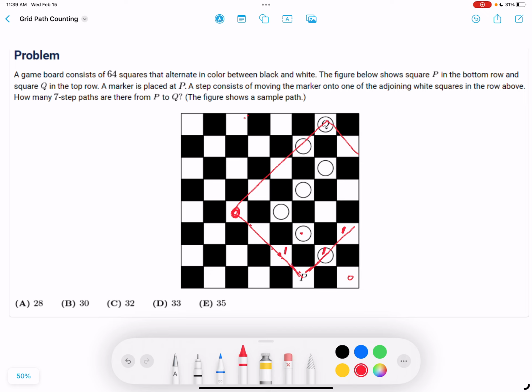We can go from P to here, or P to this box to here. So we have two options. So what does that mean? So that means the number of paths over here is nothing but the sum of the two underneath it, right? All right, that's good to know.